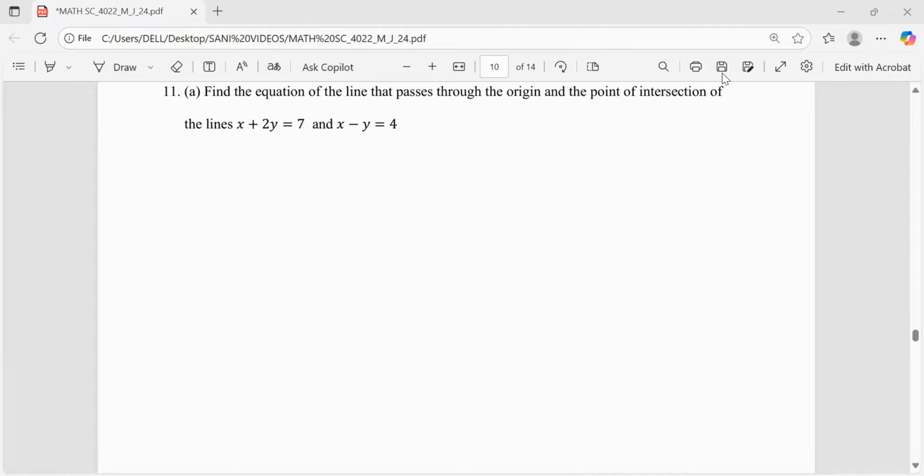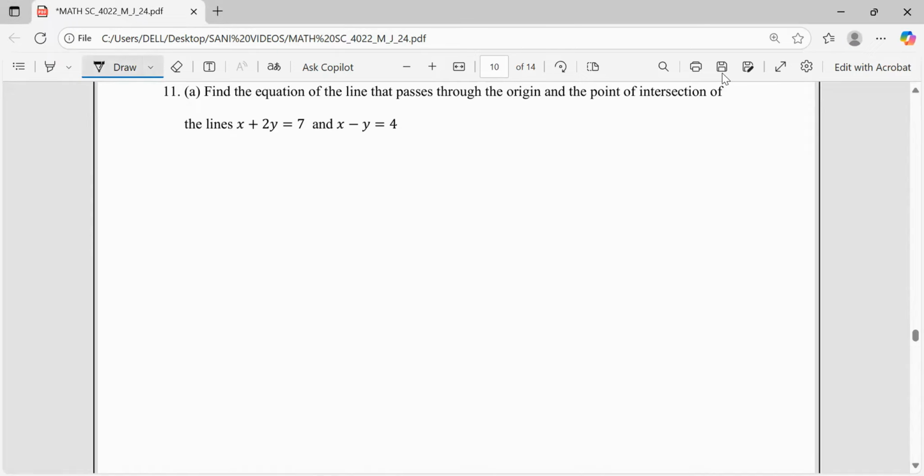Question number 11. Find the equation of a line that passes through the origin and the point of intersection of the lines x plus 2y equals 7 and x minus y equals 4. So the first thing, let's solve the two equations simultaneously. x plus 2y equals 7, equation 1. x minus y equals 4, equation 2.